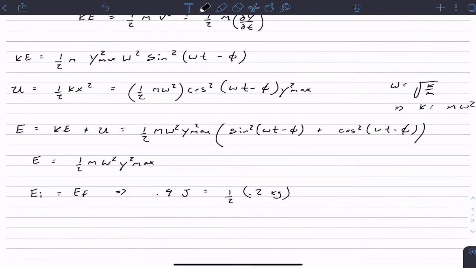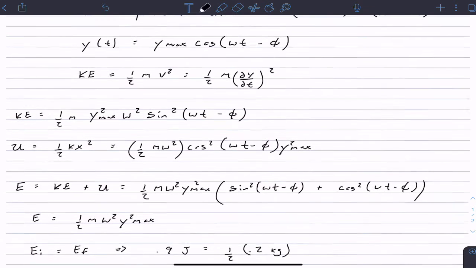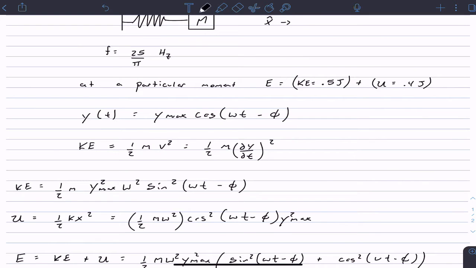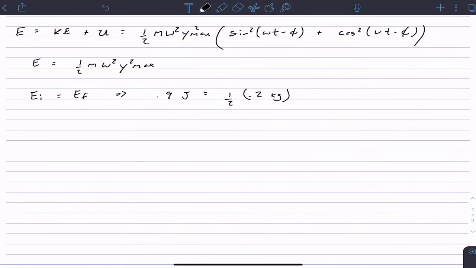Omega we can find from the frequency. Let's just write omega squared y max squared in here. And then I'll solve for y max real quick, and then we can plug in.